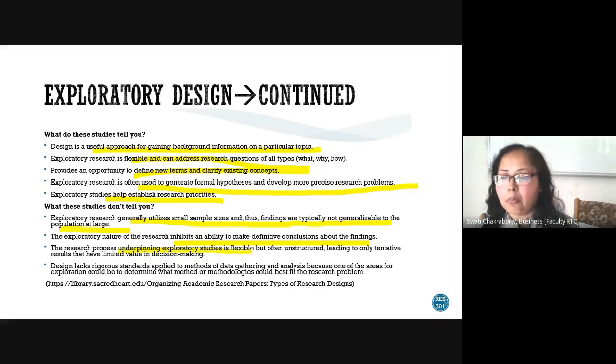The process is often unstructured, which leads to only tentative results that have limited value in decision making. Now, it also lacks some rigorous standards applied to the method of data collection and analysis, because one of the areas of exploration could be to determine what method or methodologies could best fit the research problem.